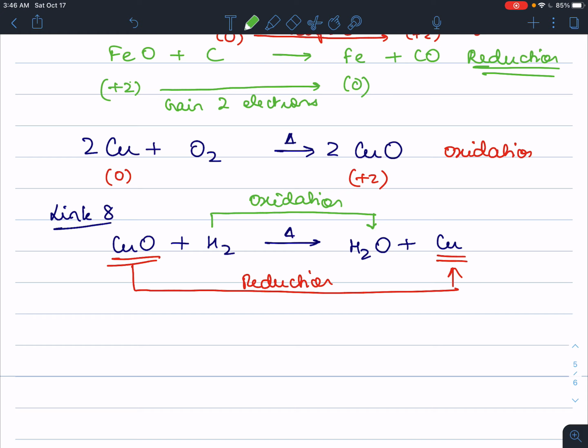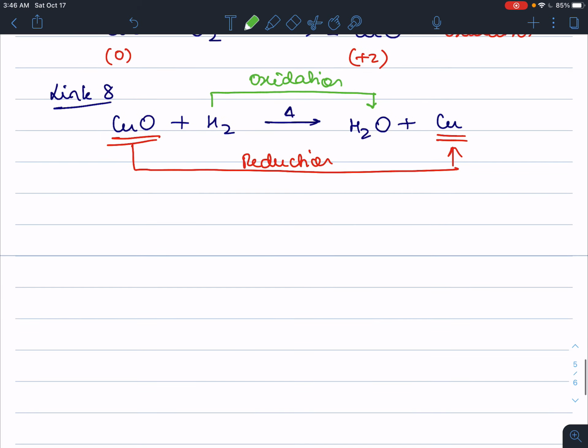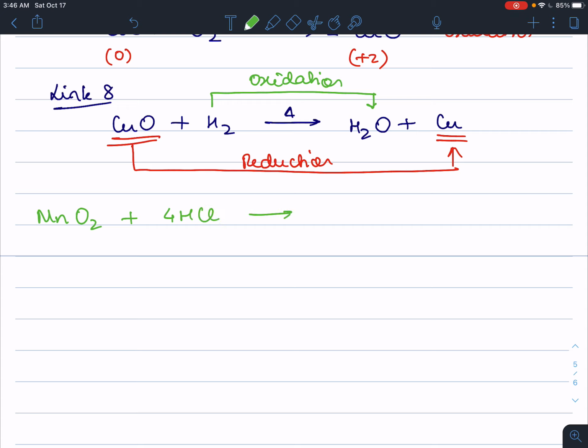Now let me give you another example where we don't deal with oxygen at all, so that you get the concept. Let's look at MnO2 plus 4HCl gives MnCl2 plus 2H2O plus Cl2.